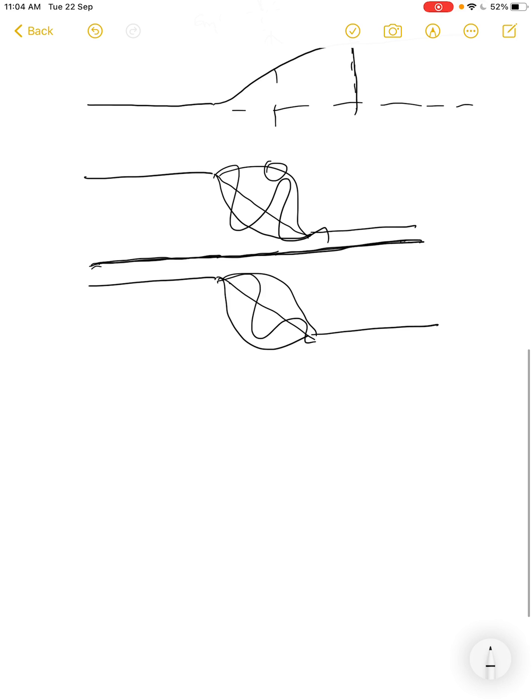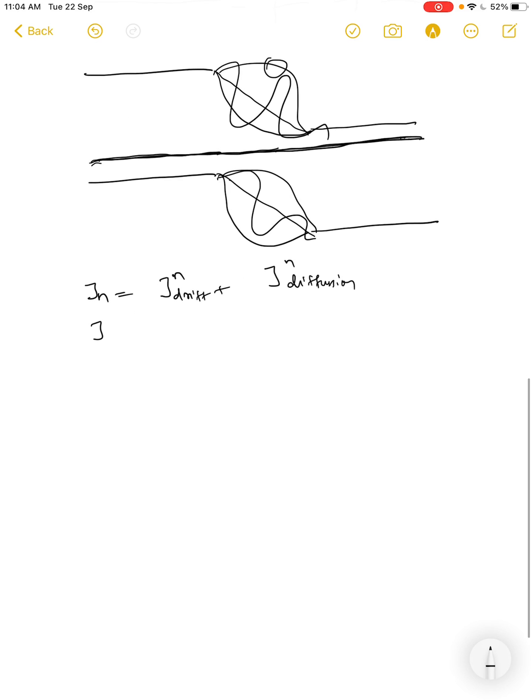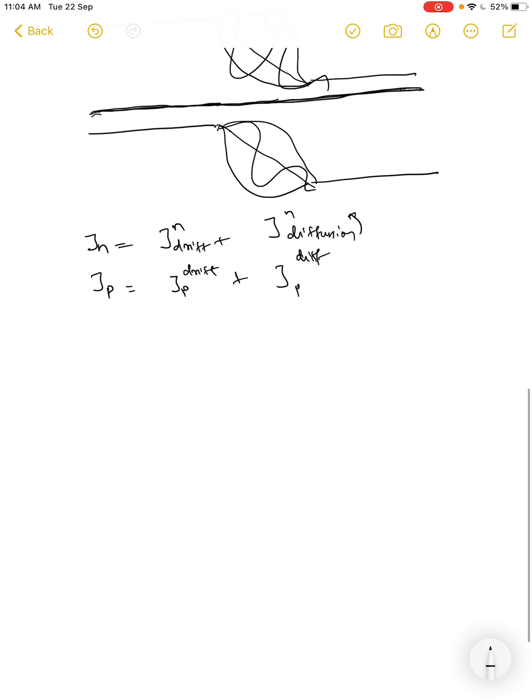You know the current density equations, right? So Jn is the sum of J drift plus J diffusion, for n. The same thing is true for p. And we know from our previous equations, I'm just going to write for n, the same thing is true for p.